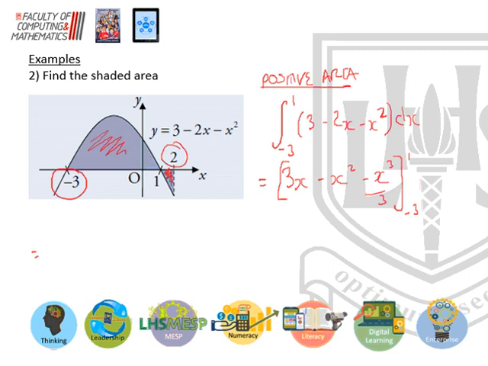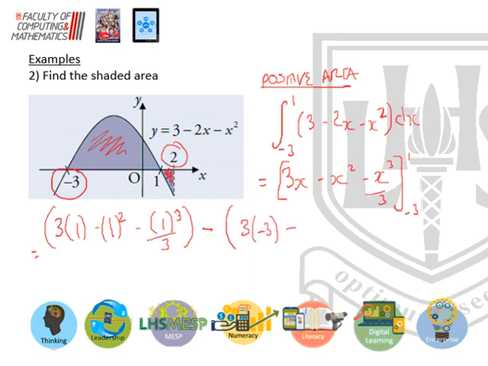Okay, again I'm going to go over left, give me a bit of space, so substituting 1 first, it's going to be 3 times 1 minus 1 squared minus 1 cubed over 3. That's going to be your upper limit going in. Take away the same thing but with -3.